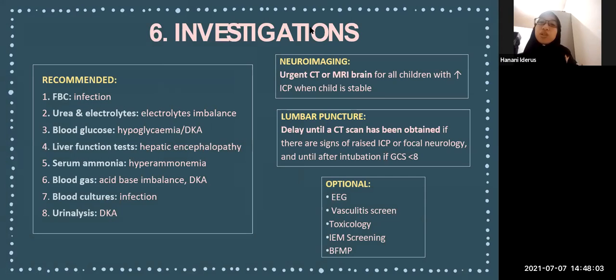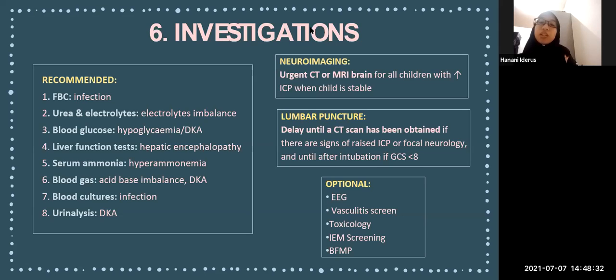We also need to do the urea and electrolytes, and blood glucose if you are worried about hypoglycemia or DKA. For the liver function test, for hepatic encephalopathy, and serum ammonia for hyperammonemia, blood gases for acid-base imbalance and also DKA. With DKA, we look at the anion gap.